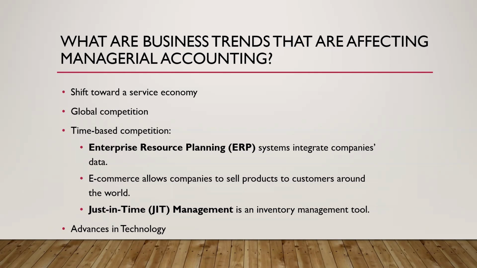Also, there's an advancement in technology, especially with AI. Now, technological advances can provide companies with competitive advantages. Software such as R programming, Tableau and Power BI allows accountants to work with information technology teams to analyze large quantities of data and use the analysis to make more informed decisions.